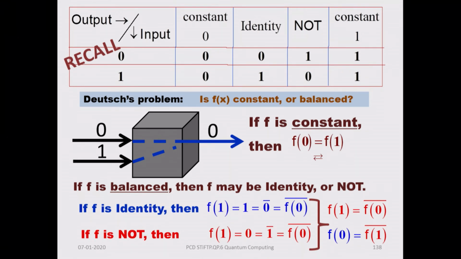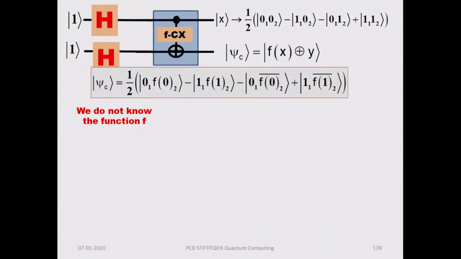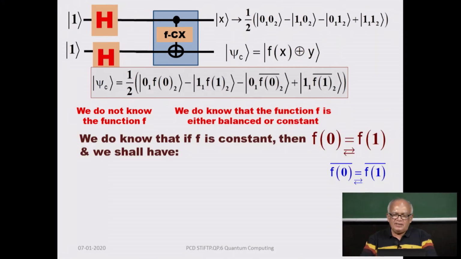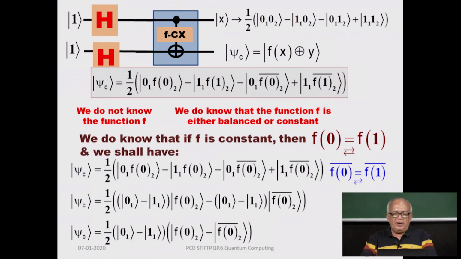So, you have these results now, and even if you do not know the function f at this point, you have these results which depend on whether f is constant or balanced. So, now if f is constant, f0 is equal to f1.